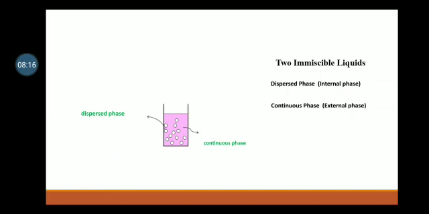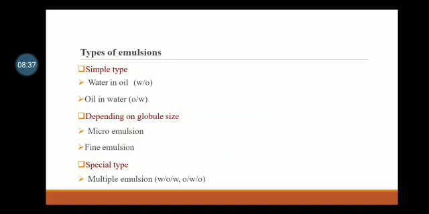One is the dispersed phase, for example small oil droplets, and the continuous phase can be water. So it can be an O/W emulsion. So of two immiscible liquids, one is the dispersed phase, that is the internal phase, and the larger amount is the continuous phase, which is also called the external phase.